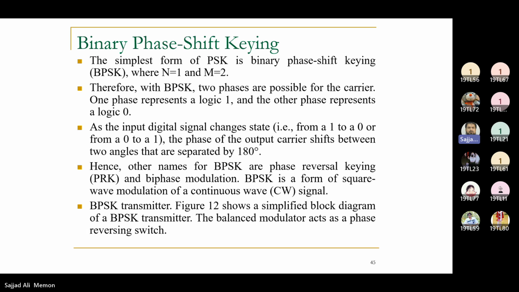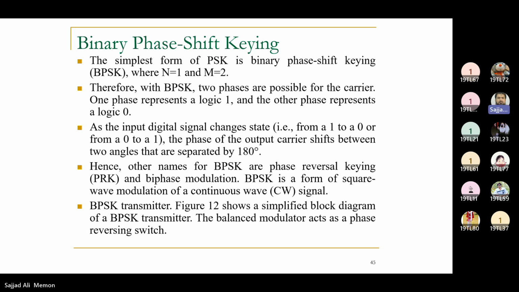And it's a form of square wave modulation of a continuous wave signal. Square wave means the zeros and ones form a kind of square wave. So there is no break in the signal because it is continuous wave, as you move from 0 to 180 and 180 to 0.